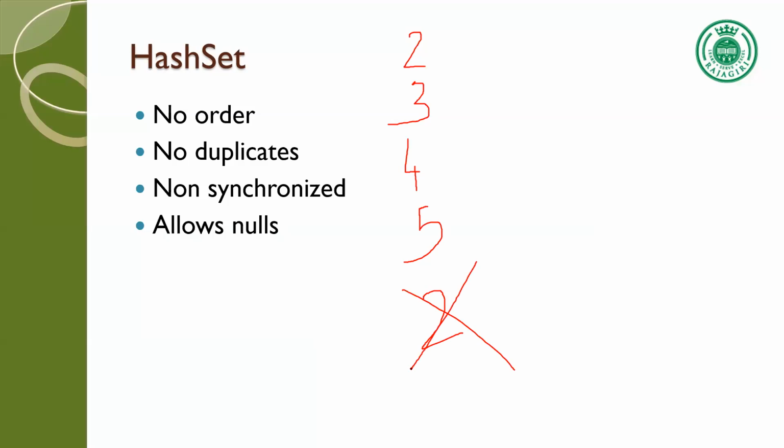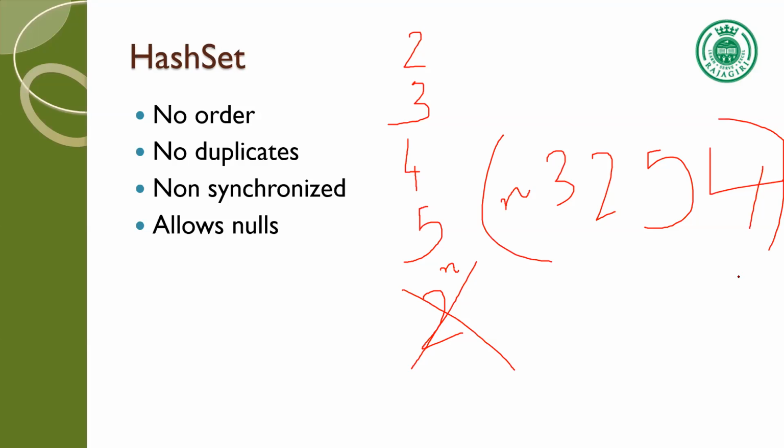So the elements in your hash set will be 2, 3, 4, 5. But when you display it, you will get only a random order. It might be displayed like 3, 2, 5, 4. You have no control of the order. You can even input null, and null will also come somewhere in your hash set. So this is what we mean by a hash set. You have no control on the order, you cannot enter duplicates, it is non-synchronized, and you can enter a null element.